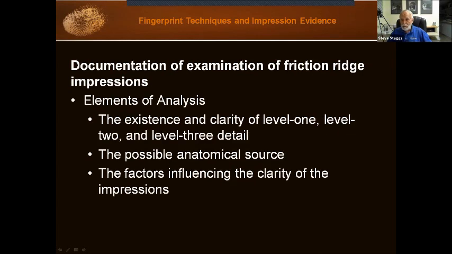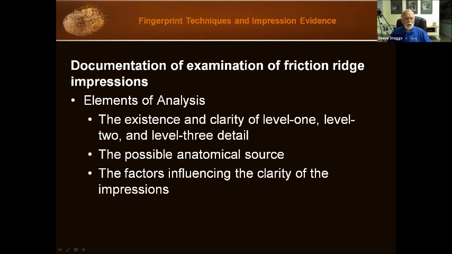Then the next thing is our elements of analysis. So what we're going to do there is we're going to include the existence and clarity of level 1, level 2, and level 3 detail for each of the prints, the possible anatomical source, which finger or which portion of which finger, the factors influencing the clarity of the impressions.